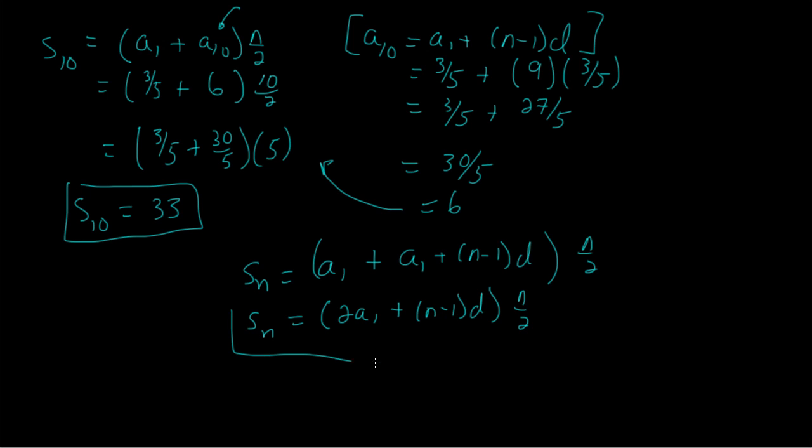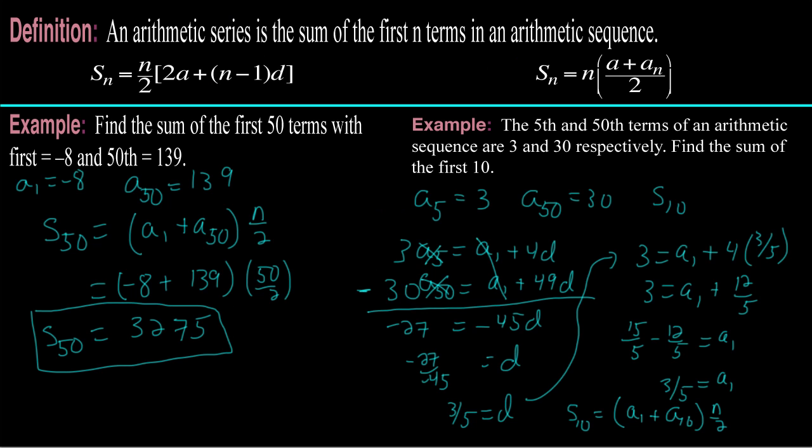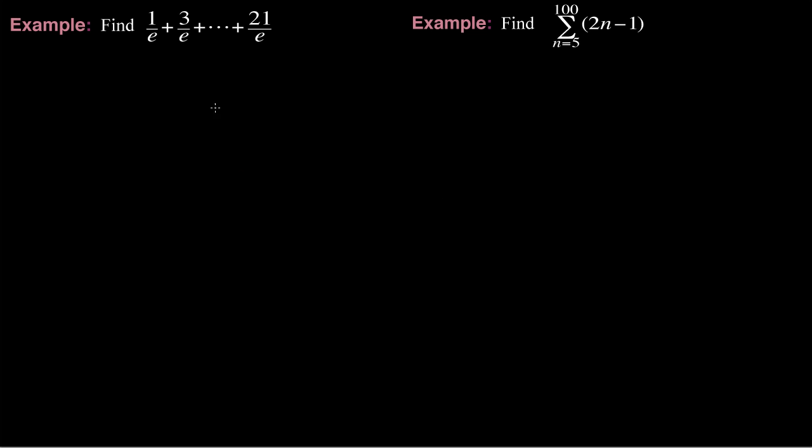So if you need the sum of the first n terms and you don't know the nth term, but you know the first term and the common difference, this is an alternate version for the sum of the first n terms formula. So we finished the examples on this page, and the final example involves more summing.